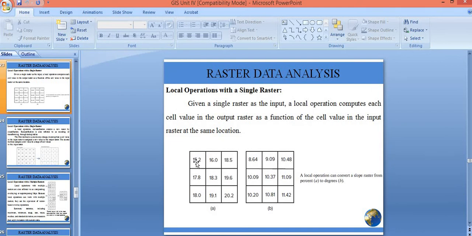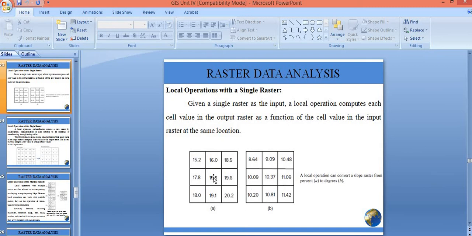For every cell, now this is the input and this is the output. For every cell, based on the value you have in this cell, you will be computing the result. Now in this example, you have the value in one scale, and they're just converting that value into another scale.